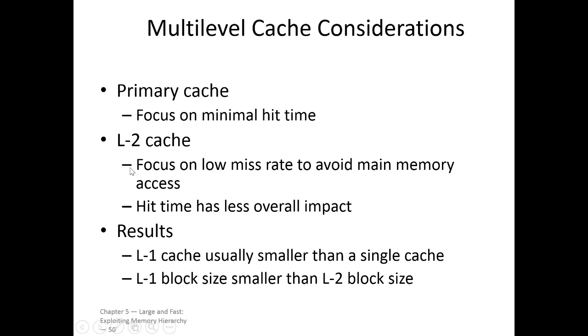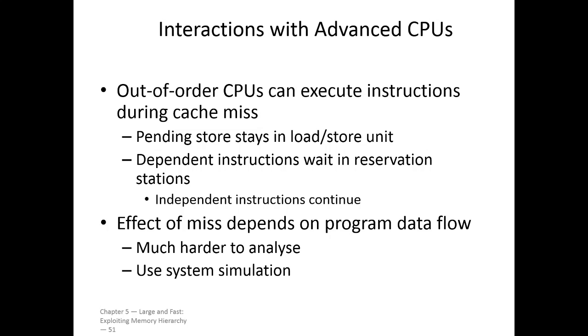The same considerations dominate the L2 cache, but you want to focus on keeping us in L1 cache. Hit time still has impact, but less impact than a miss. Here are the overall results, and at the end of the show I'll show you some pictures of what designers are settling into.